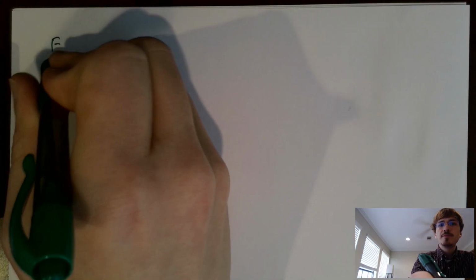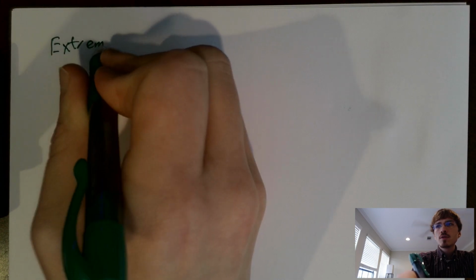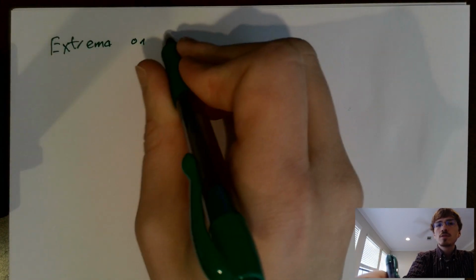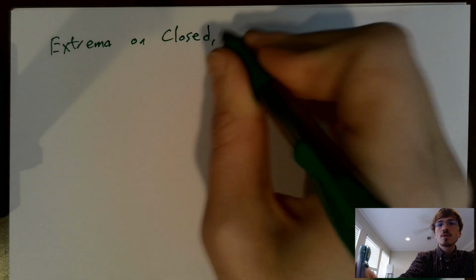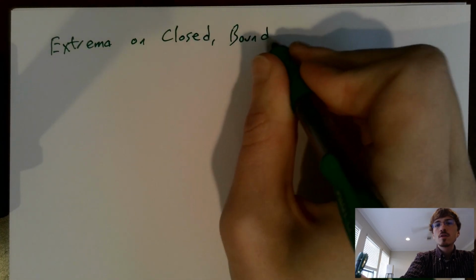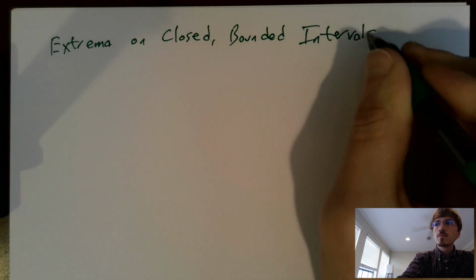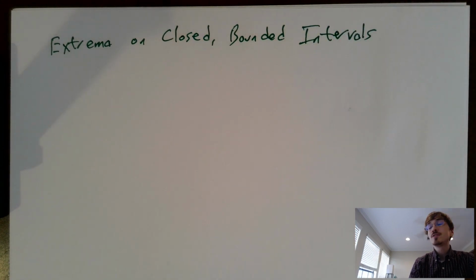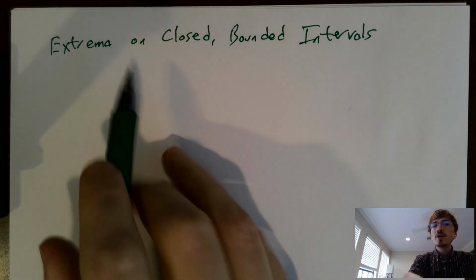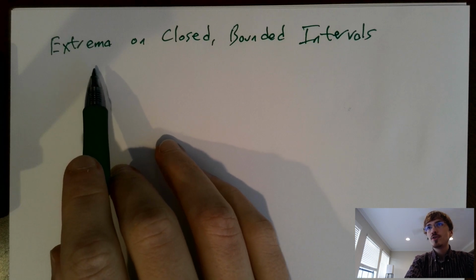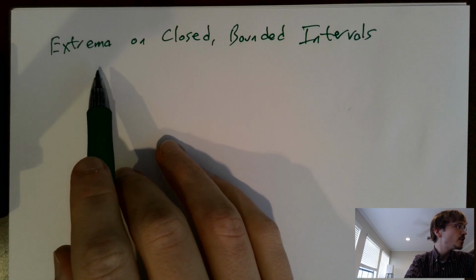Suppose we have a function on a closed bounded interval and we want to find its extrema. We want to find extrema of a function on a closed bounded interval, continuous functions, of course. Well, where can the extrema occur?